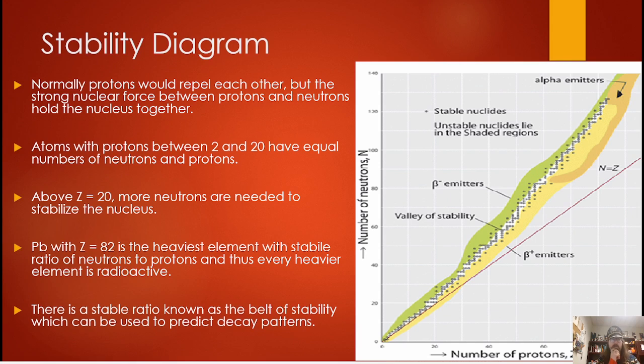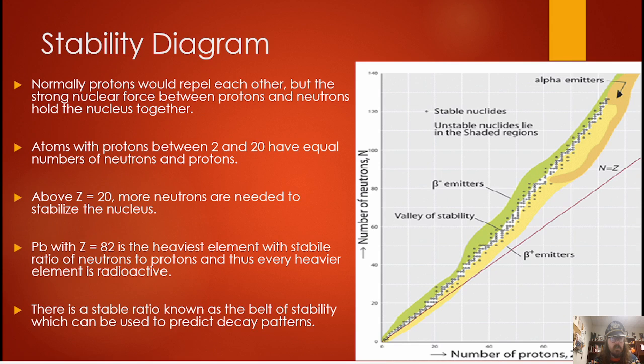stable. Atoms with atomic number 2 to 20 tend to have equal numbers of neutrons and protons. Atom 1 doesn't need a neutron because one proton can't really repel itself. But all the other elements, helium and lithium, essentially the atomic mass is double that of the atomic number, because they tend to have equal numbers of neutrons.